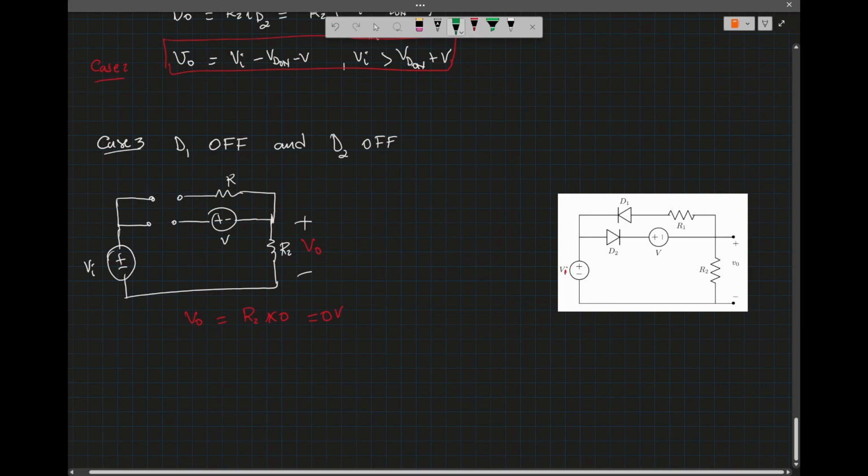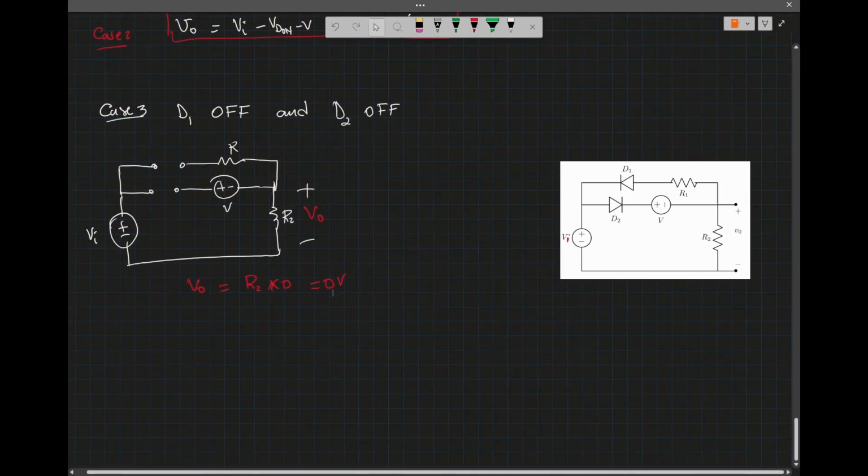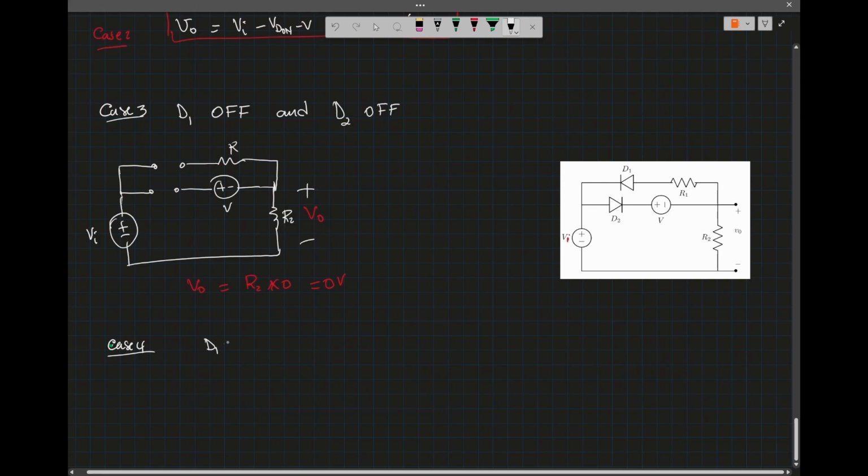Now let's do case 4. So for case 4, we have both diodes on, D1 on and D2 on.